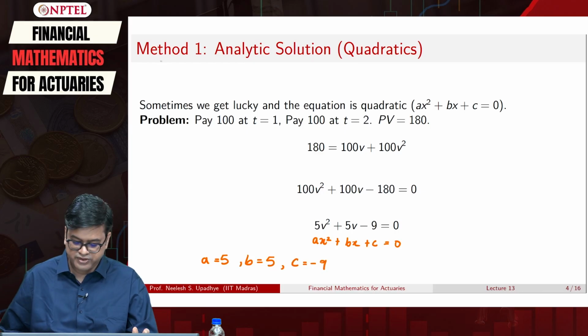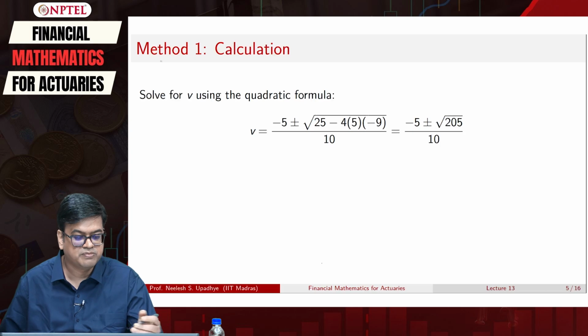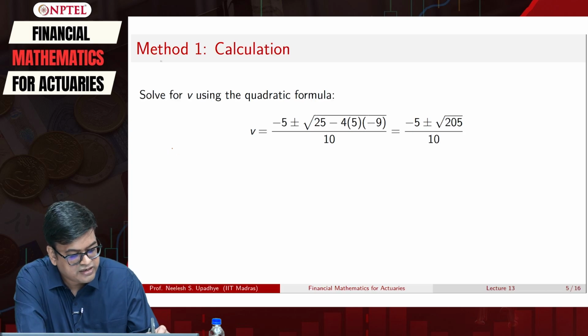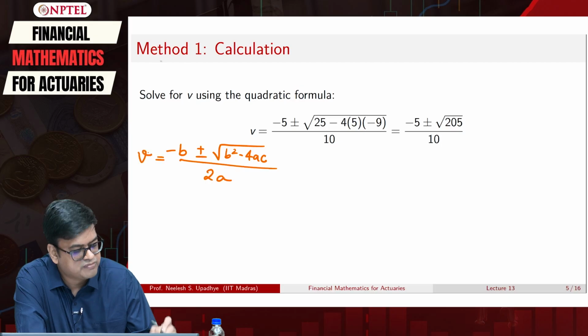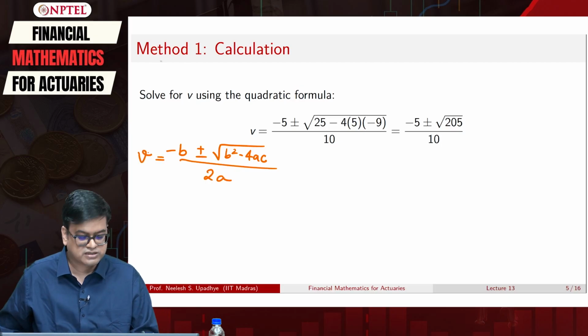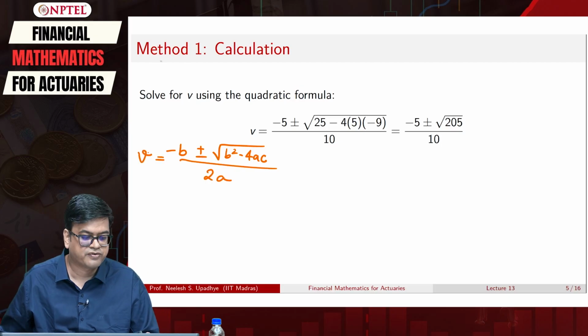That's what I have to remember, and then I will simply plug into this formula. I know all of you are aware of it, but just for the sake of clarity, I am writing v equals minus b plus or minus the square root of b squared minus 4ac, upon 2a. Okay, so I will just go to and fro.